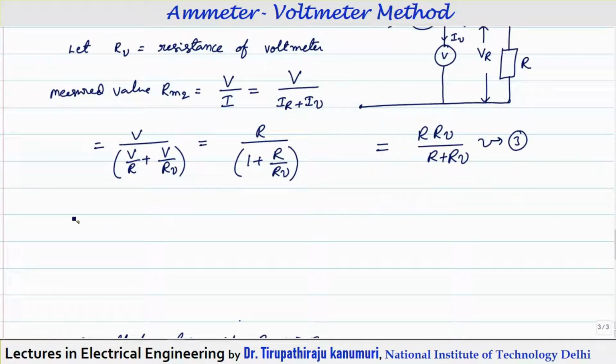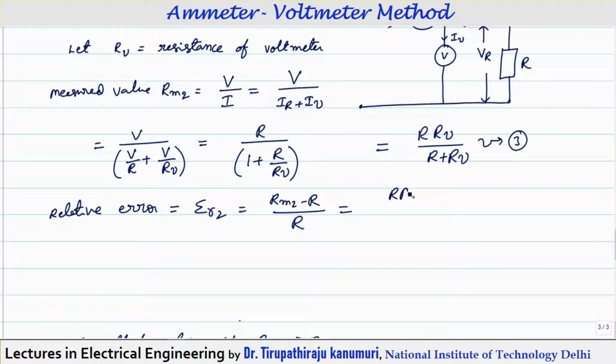So let us calculate what will be the relative error. How much error will be there? So the relative error I am taking as epsilon R2. Again, relative error will be equal to measured value minus actual value divided by actual value. So what is the measured value?